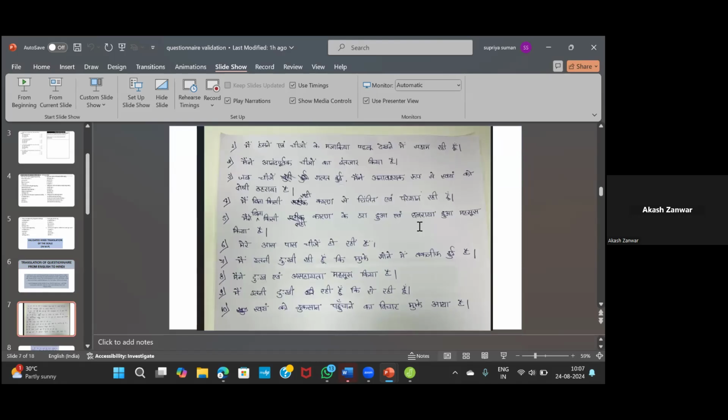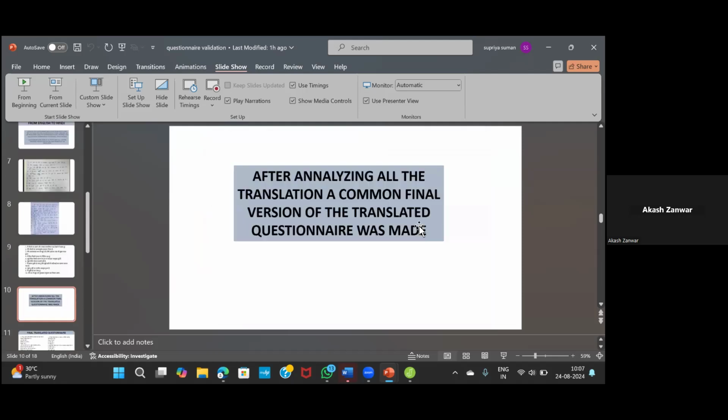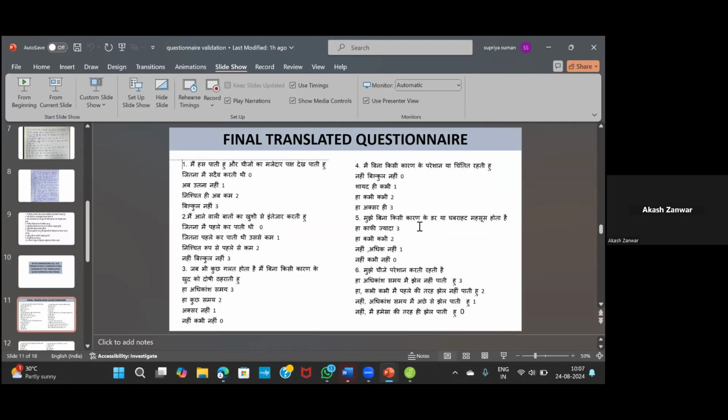So these were the translations I got, like this one, this, and this. After analyzing all these translations, I made a common final version of the translated questionnaire. This is the final translated questionnaire I made from all those translations.